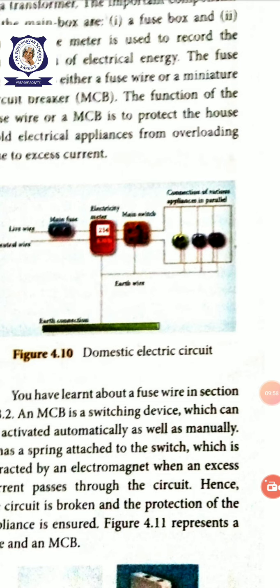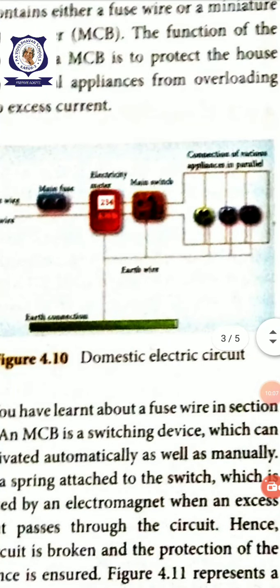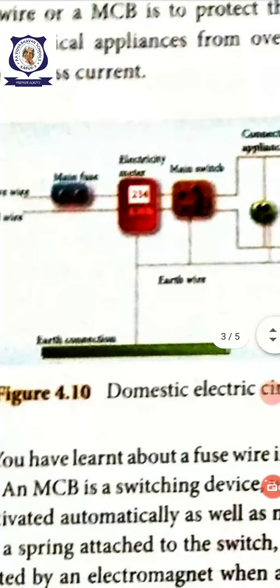So for this purpose we use only parallel connection. The circuits are in parallel and we use a main box, that is the switch. There is an earth connection and the main fuse carrier.